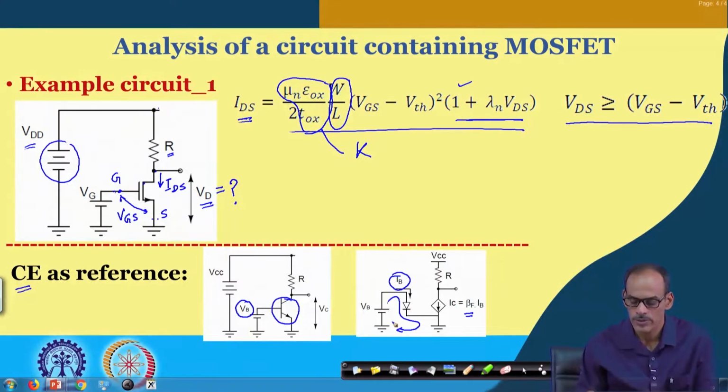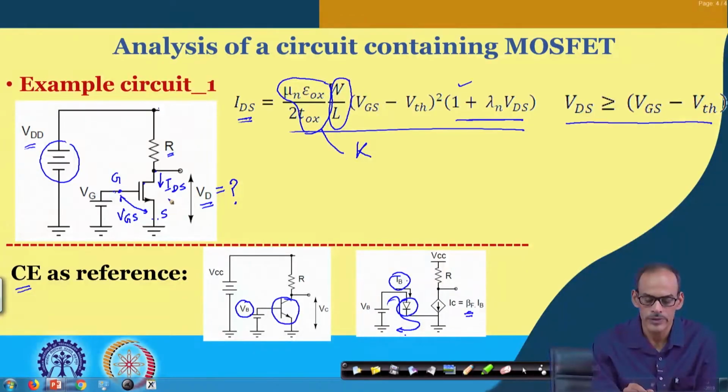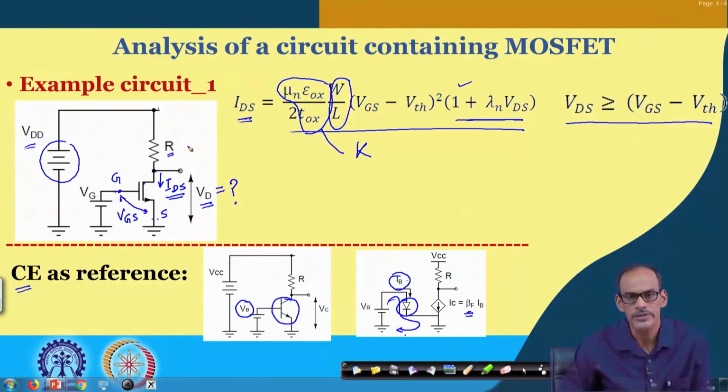Whereas, for BJT, we analyzed the circuit, then replaced the diode by its simplified linear model, with whatever VB in and its equivalent resistance, to find the IB, and then we used this beta. In this case, this part is quite different, but of course, once you find the IDS, then finding the output voltage using the load line characteristic is similar to the discussion we made for the circuit containing BJT.